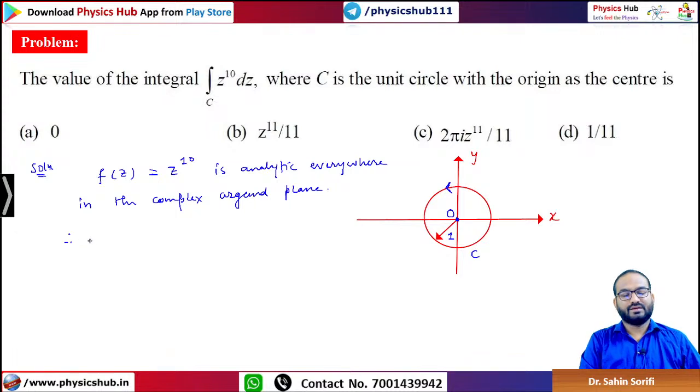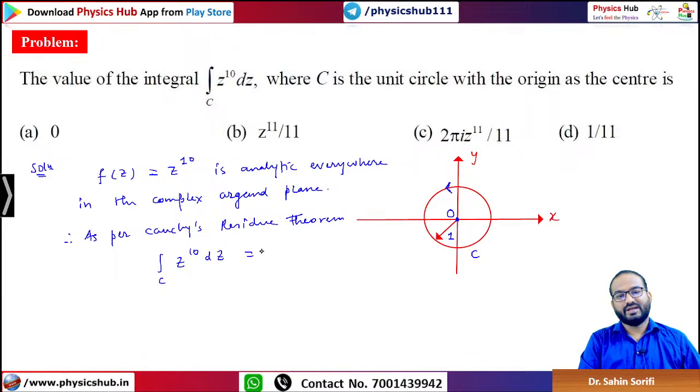So, therefore, as per Cauchy's residue theorem, the integration is 2 pi i times the sum of residues, there is no residue, there is no pole, so it is 0. Option A.